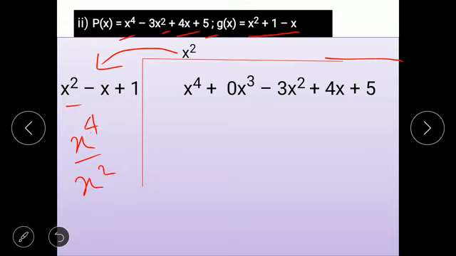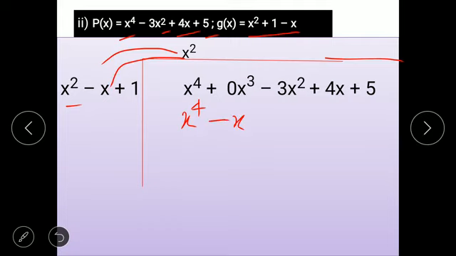Okay. Now with that x square, multiply: x square into x square, x to the power 4. X square into minus x cube. X square into 1 plus 1 x square.